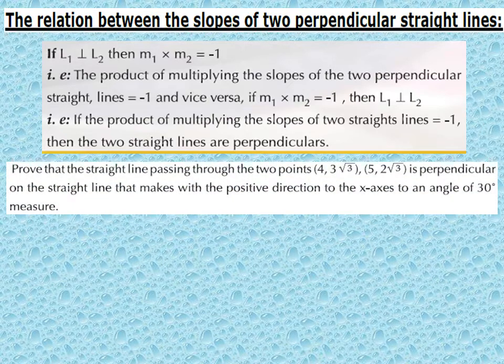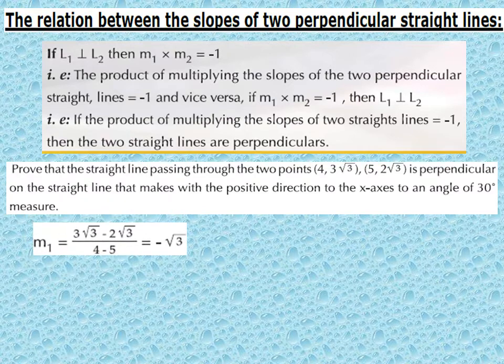Example, prove that the straight line passing through the 2 points (4, 3 root 3) and (5, 2 root 3) is perpendicular to the straight line that makes with the positive direction of the x-axis an angle of 30 degrees measure.